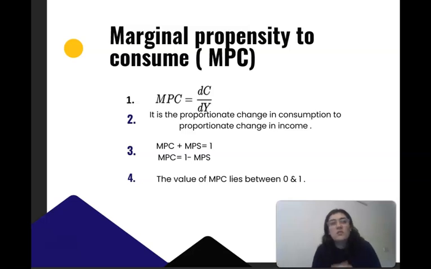If my income is increasing by 100, I will not spend the whole 100 on consuming goods. That is not possible, so it cannot exceed 1 also. 1 means that whatever increase there is in the income, we are spending the whole of it on consumption. That is not at all possible. So that's why there is a limitation for the MPC value, that its value lies between 0 and 1.